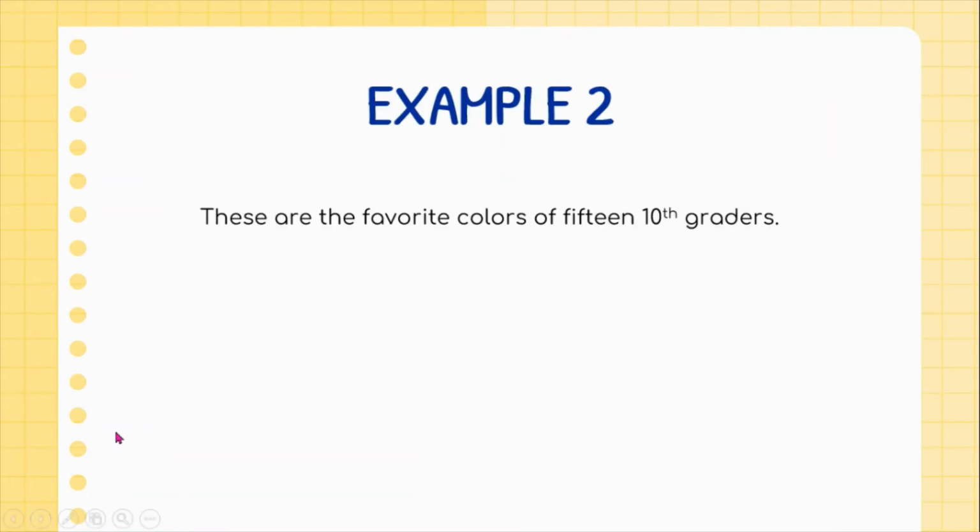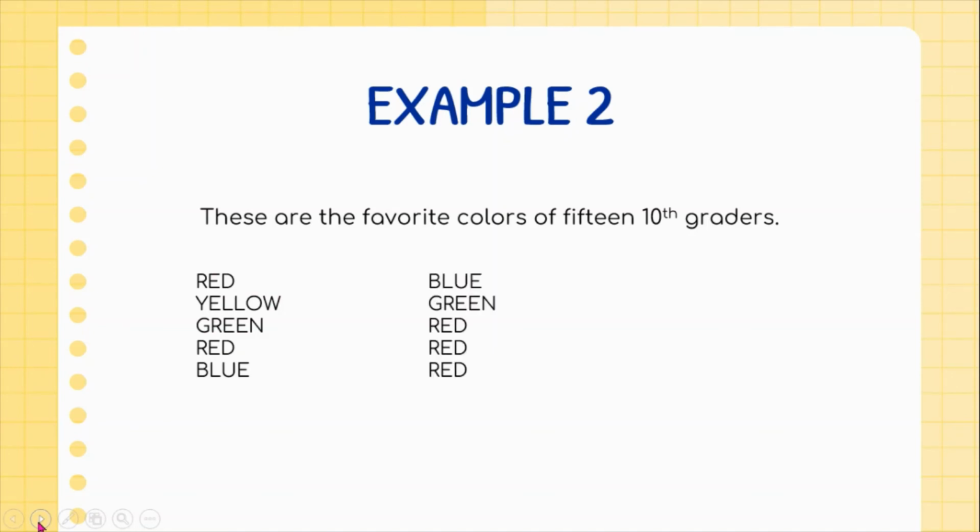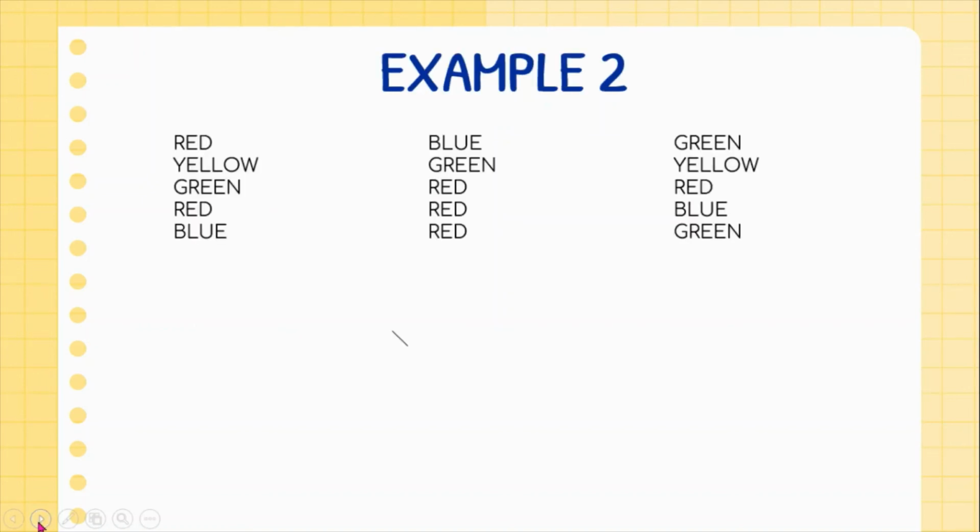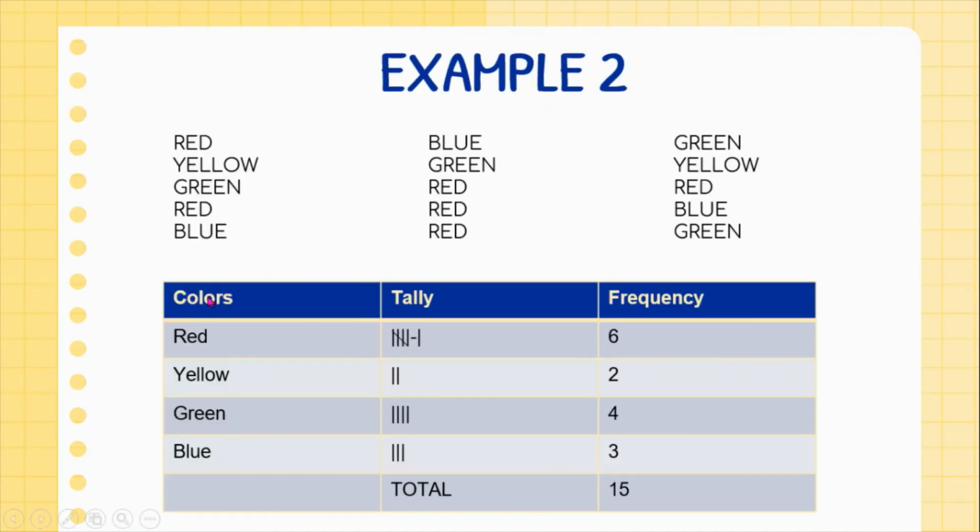Another example, these are the favorite colors of 15 tenth graders. So we have here red, yellow, green, red, blue, blue, green, red, red, red, green, yellow, red, blue, green. So the colors are red, yellow, green, and blue. For the red, we have 1, 2, 3, 4, 5, and 6.